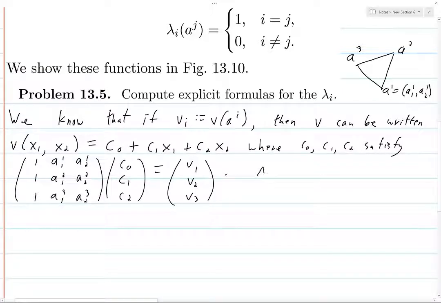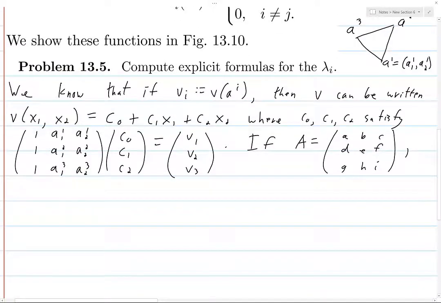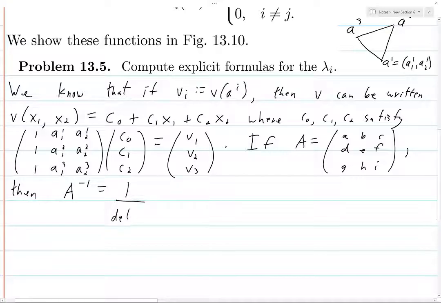So now note that if A equals a, b, c, d, e, f, g, h, i, so A is a 3x3 matrix of just variables, then A inverse is, you take 1 over the determinant of A, then you multiply by: ei minus fh, fg minus di, dh minus eg.